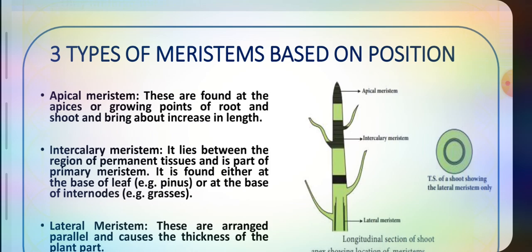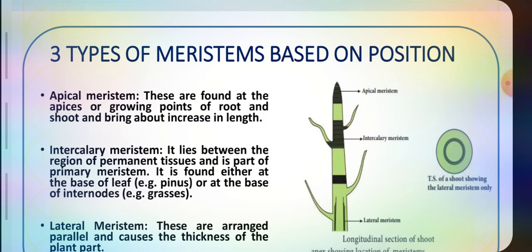Then intercalary meristem. It lies between the region of the permanent tissue. What are permanent tissues? Those cells which said, no more am I going to divide, no more cell division.